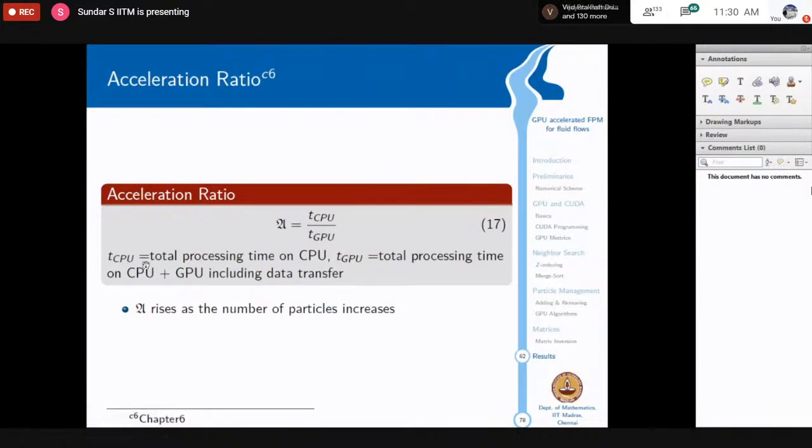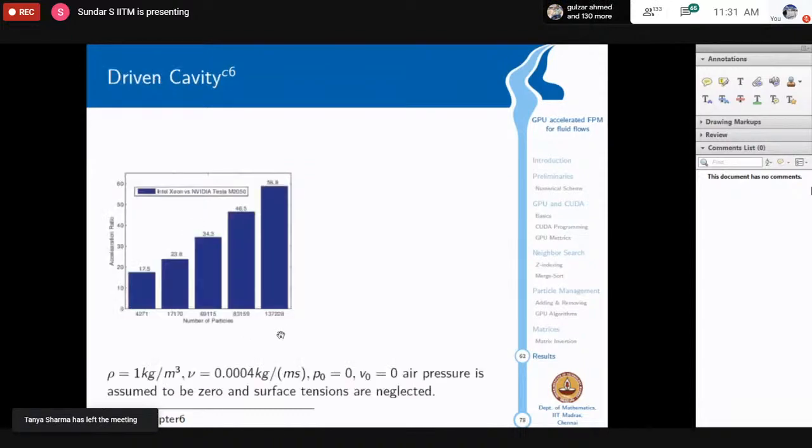So TCPU is total processing time on CPU. TGPU is total processing time on CPU plus GPU, including data transfer between the GPU and CPU. So your acceleration ratio rises as the number of particles increases.